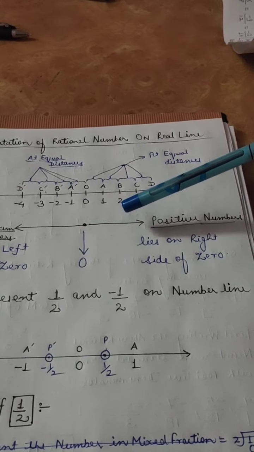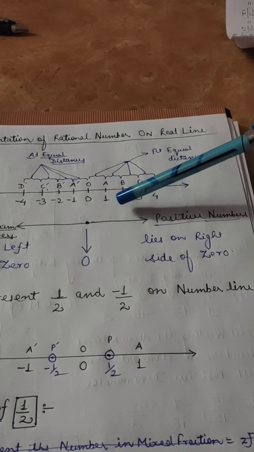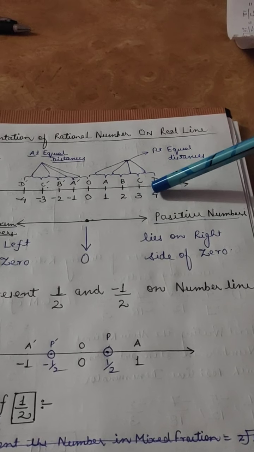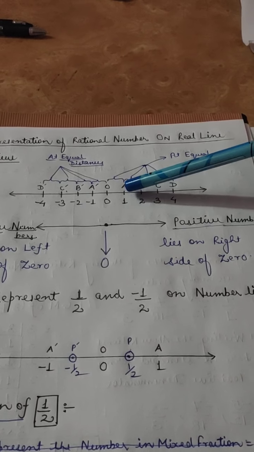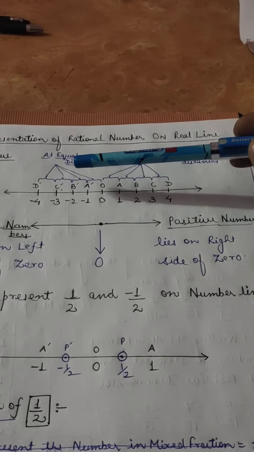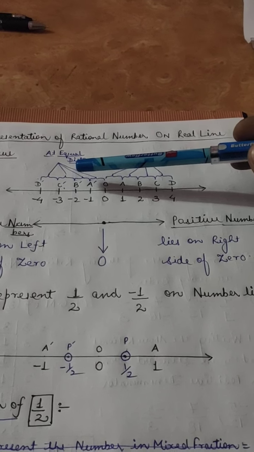So the positive numbers lie on the right hand side of the number line, and the negative numbers lie on the left hand side of 0.